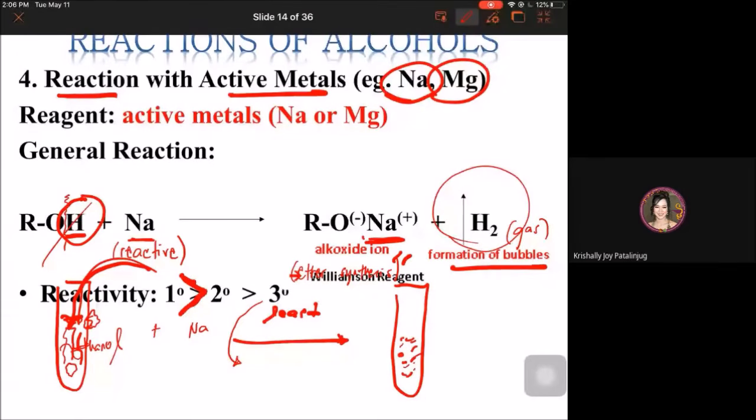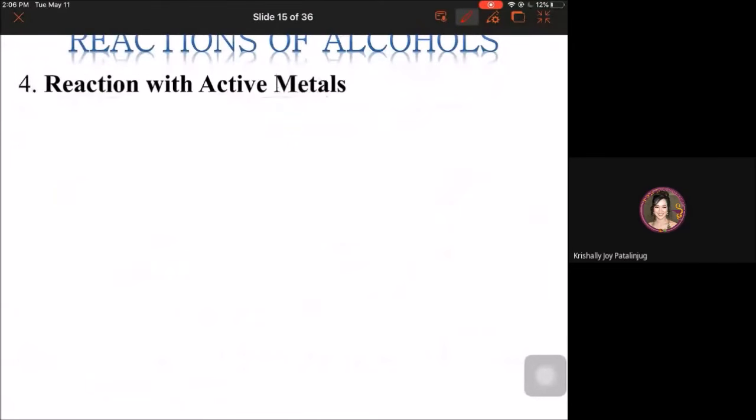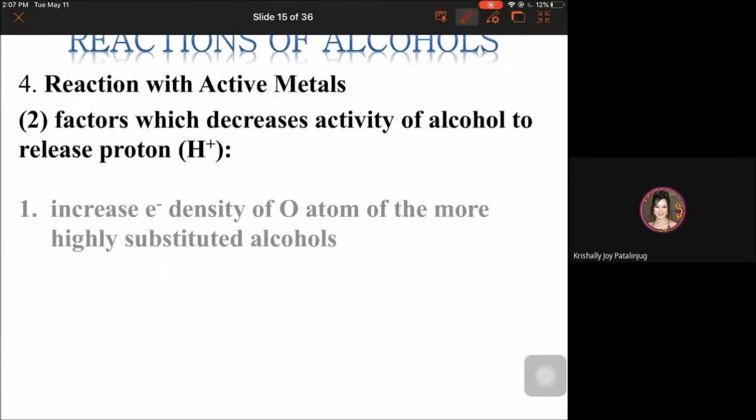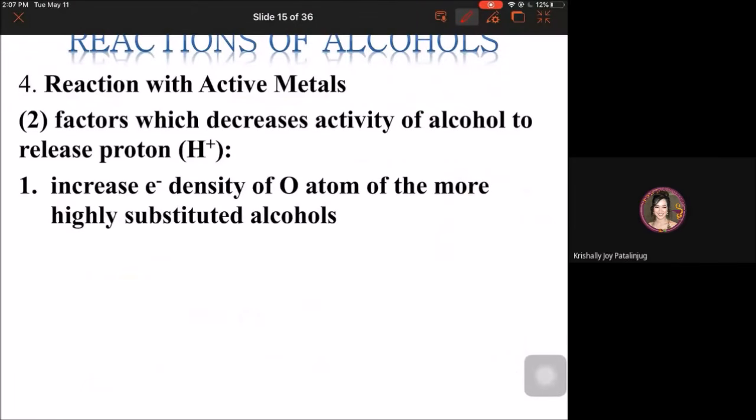Unsa diay ang basihan? Naa tay two factors that could decrease the ability of the OH to release its proton. Number one is the increased electron density of oxygen atom.